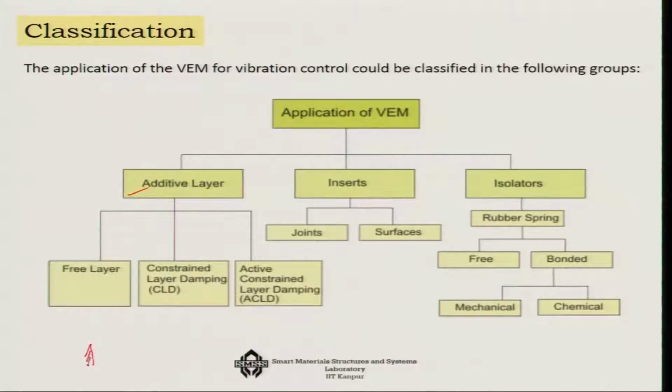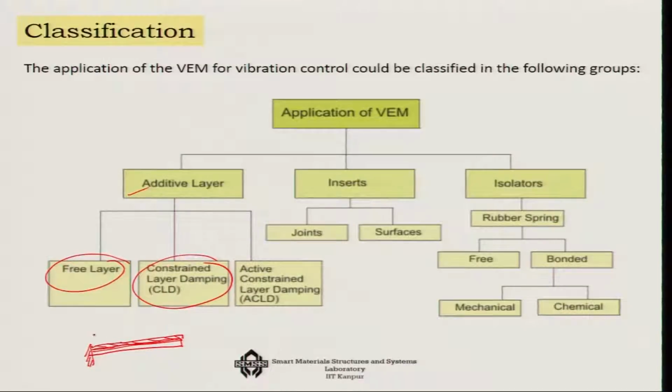So, let us say this is my structure, which is vibrating, and I am applying a small layer of viscoelastic material. So, this is an additive layer, and in this case it is a free layer, that is, I have just added it on top. It may happen that on top of this I give another layer which constrains the viscoelastic material, then it is constrained layer damping, CLD.